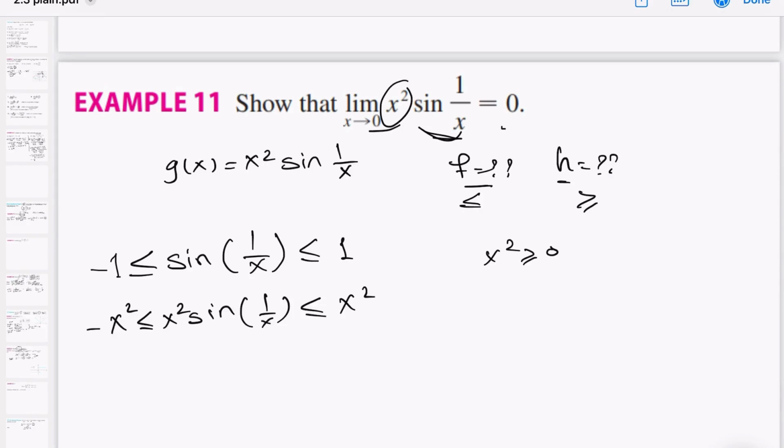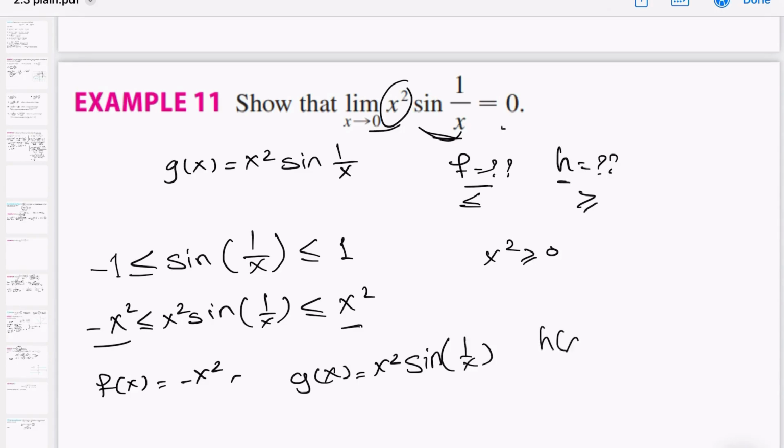And since we know that the limits of the functions minus x squared and x squared are both equal to 0, we take f of x equal to minus x squared, g of x equal to x squared times sine 1 over x, and h of x equal to x squared. So using the squeeze theorem, we find the limit of function f and function h.